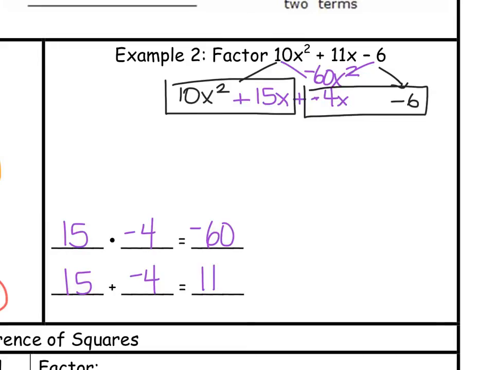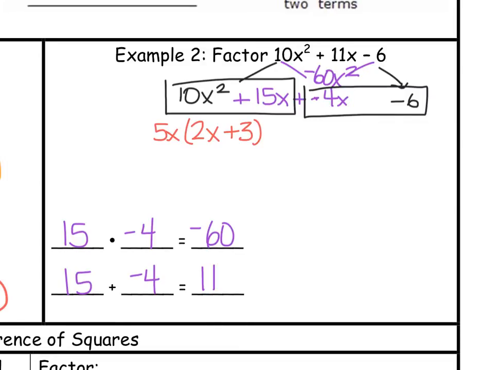So I need to find the GCF of 10x squared and 15x, and that GCF is 5x. If I factor out 5x, that gives me 2x. 10x divided by 5x is 2x, and 15x divided by 5x is 3.